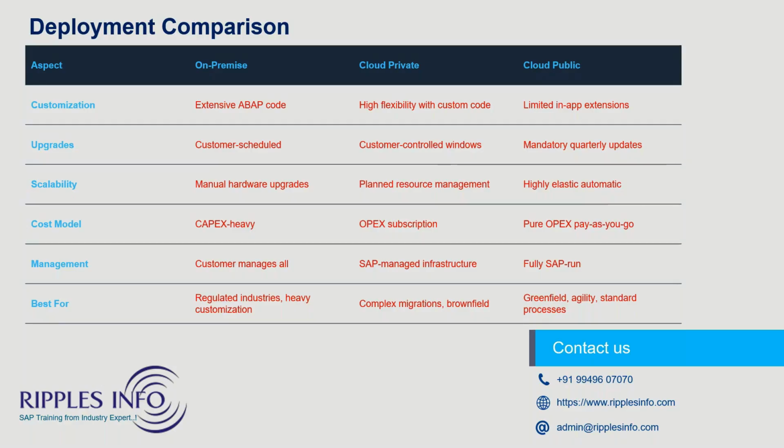And then comes the public cloud option, SAP S/4HANA Cloud Public Edition. First and foremost, when you compare with on-premise or Cloud Private Edition, the business scope and functionality you can expect here is comparatively less, and there is almost no customization.